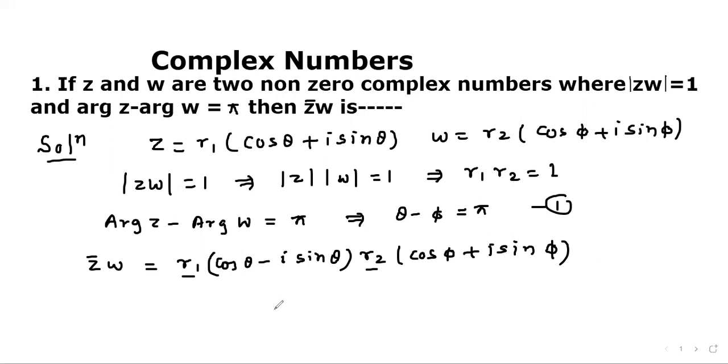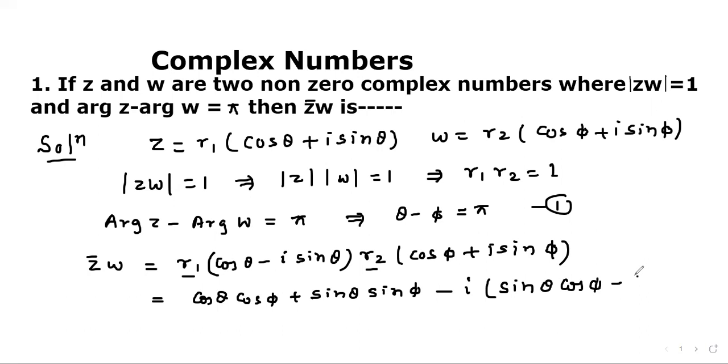Now we multiply. So what do we get? We get cos theta cos phi plus sine theta sine phi, minus iota times sine theta cos phi minus cos theta sine phi.